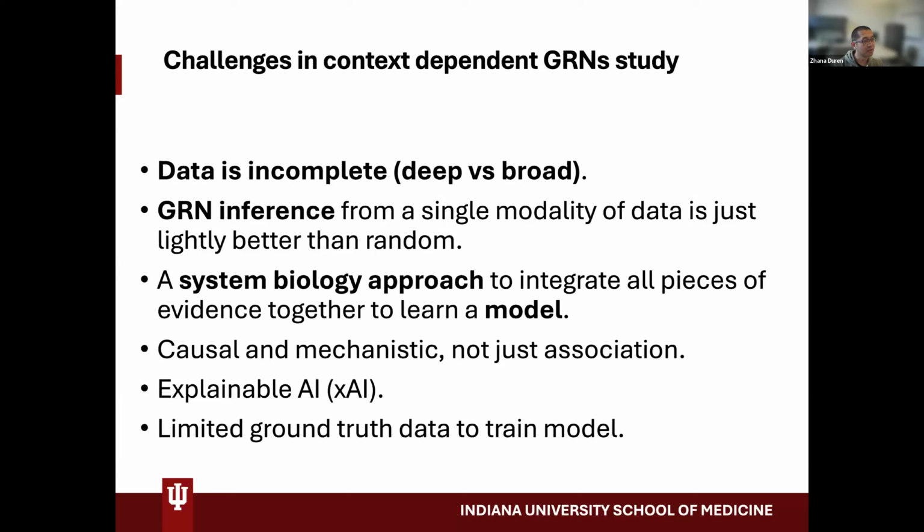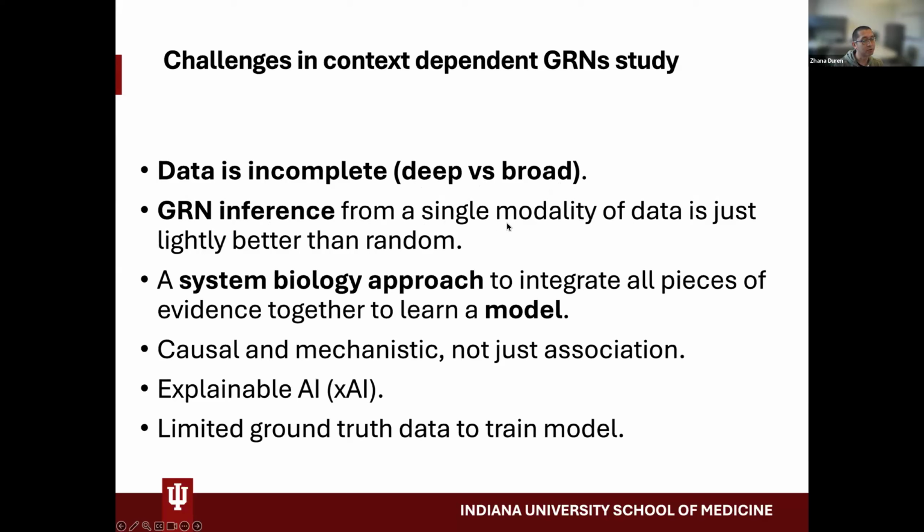Even single cells. Some data is deep, but some data is broad, like GTEx. They do many people's, or like GWAS, they do many people's genotype and phenotype. But this data does not have deep multi-omics. So it's very hard to get both deep and broad data.